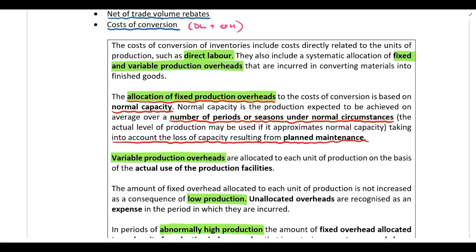And then you are also told that the actual level of production may be used if it approximates normal capacity. And then I just want you to add over here, if you are not given normal capacity in questions, you should please use the budgeted capacity.